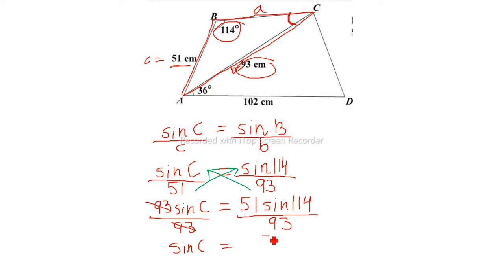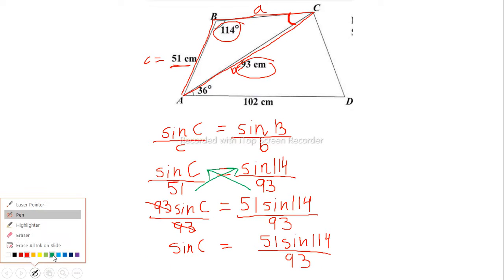So we have 51 sine of 114 divided by 93. Now what we need to do at this point is take the sine inverse of both sides.